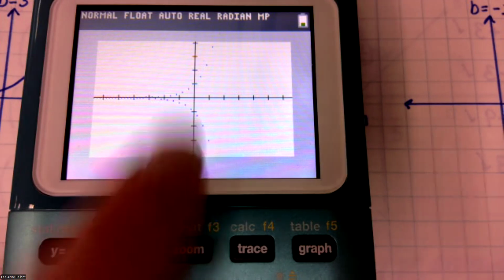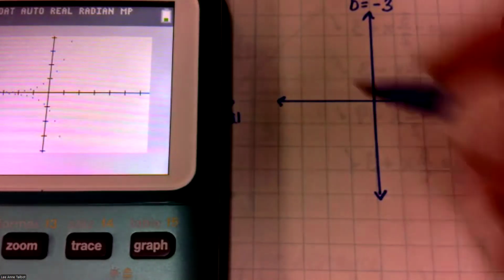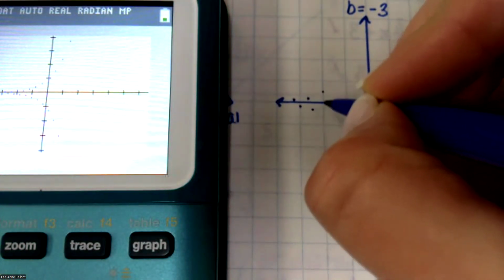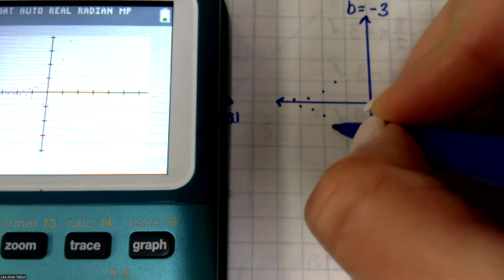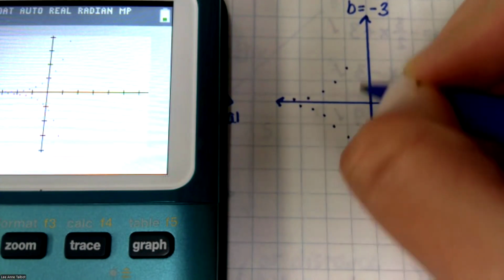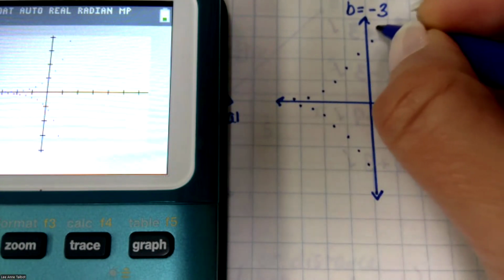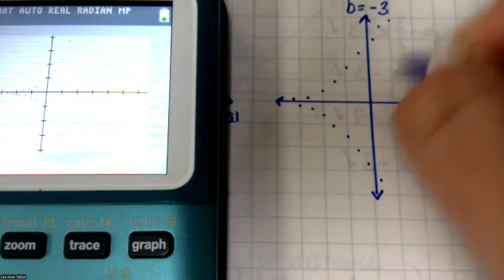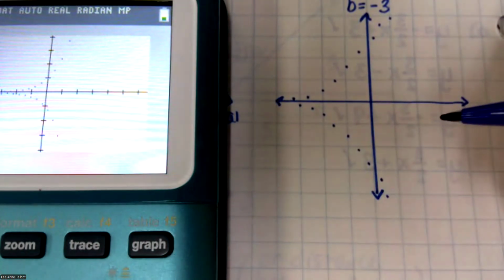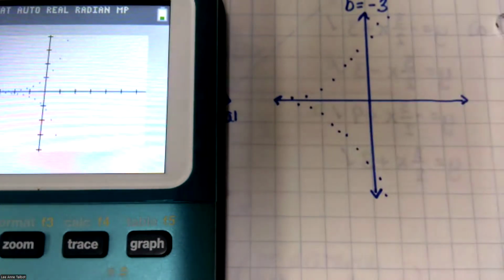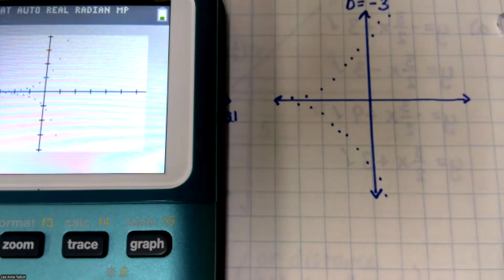Okay, anyway, so what we're going to do is attempt to sketch this over here. So you're going to go negative, positive, negative, positive, negative, positive. That's terrible. Well, I feel like I've done better.